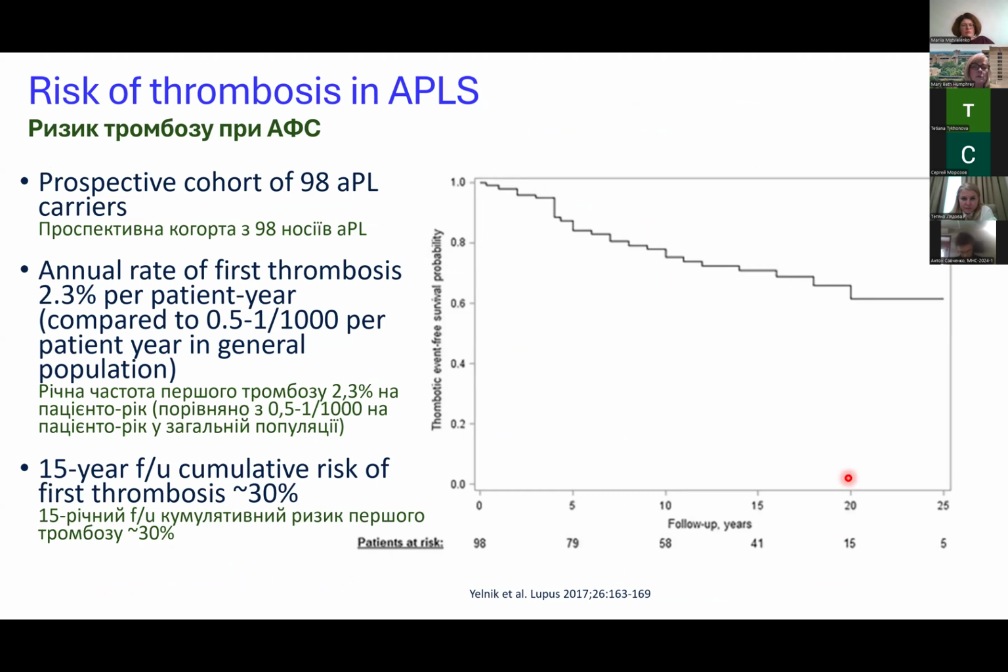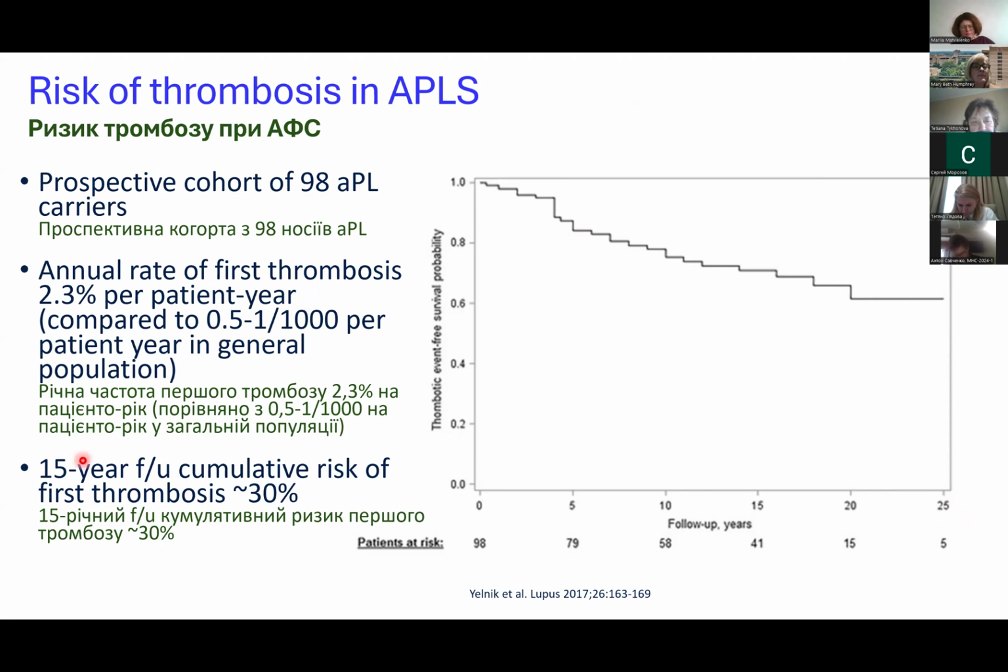So what is the actual risk of thrombosis with antiphospholipid antibodies? This is a cohort of 98 patients that were followed prospectively for 25 years. So this is a long study. And the annual rate of first thrombosis was 2.3% per patient year. So basically 2% a year, whereas the normal population is less than 1%.